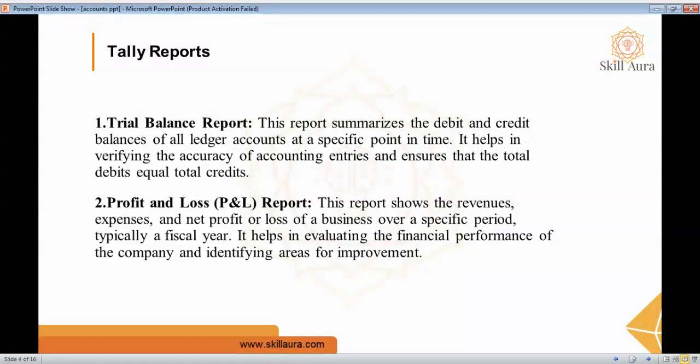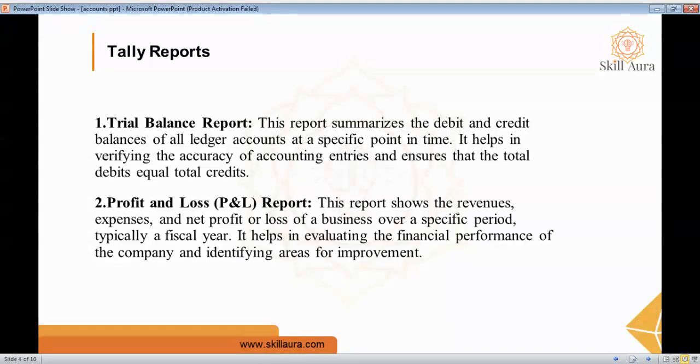When it comes to the profit and loss account, it is a report which shows the revenue, expenses, and net profit or loss of a business over a specific period, typically a fiscal year. So it is helpful in evaluating the financial performance of the company and identifying areas of improvement too.